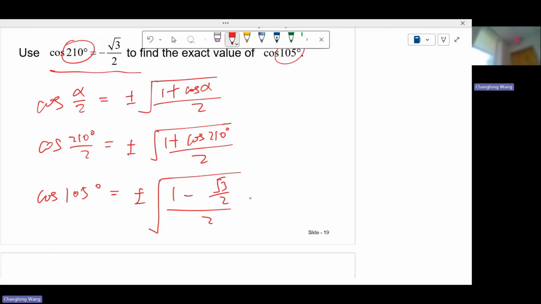But hey, what quadrant do you think that 105 is in? Second, right? So now you remember a smart trig class. So in the second quadrant, only sine and its reciprocal, which is cosecant, are positive. So cosine 105 must be negative.